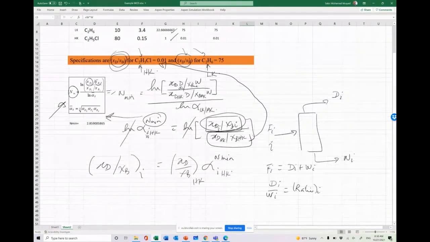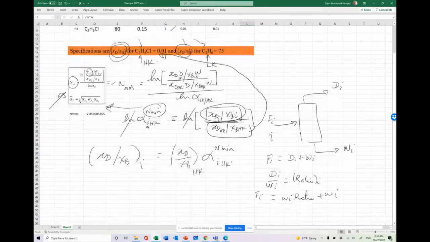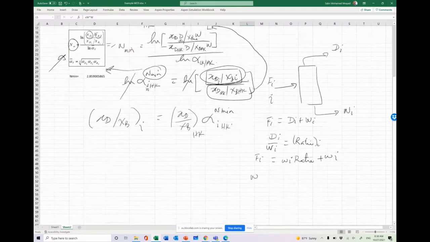Now if I combine these two equations, I can come up with another equation: Fi is equal to Wi multiplied by the ratio plus Wi, from which I can get Wi, which is now equal to what? Fi divided by the ratio plus 1.